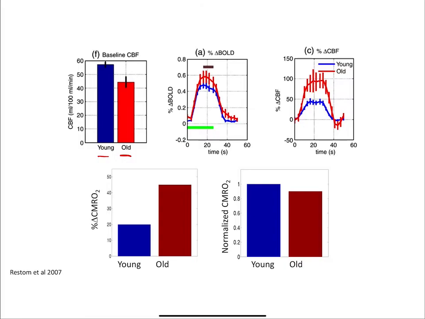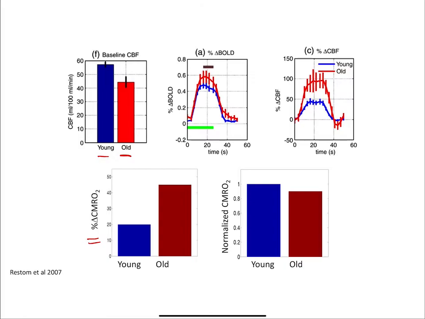But when we look at their percent change in CBF, we saw a much bigger change in the CBF response of the older subjects. And so when we went through the modeling, we basically said that it looked like the percent change in metabolism was much greater in the older subjects than the younger subjects.